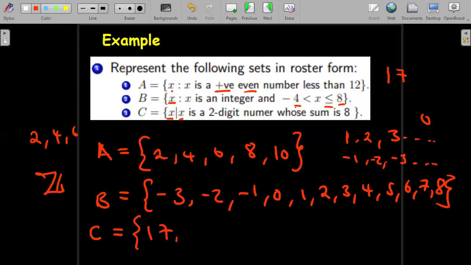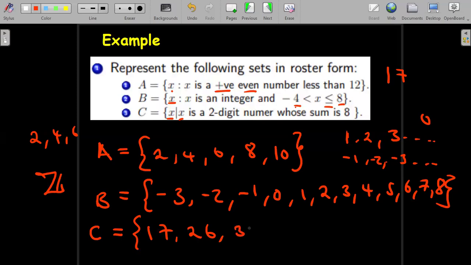The next thing is you just start increasing the right number and reducing the left number, which is 7. If I increase the right number, I have 2, and reduce the other one, 6. When I add, I get 8.